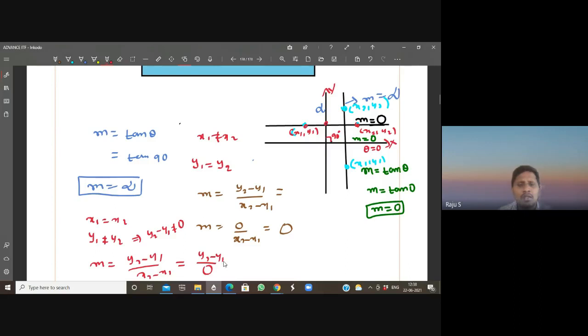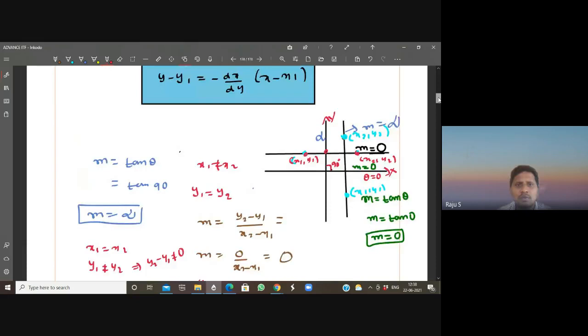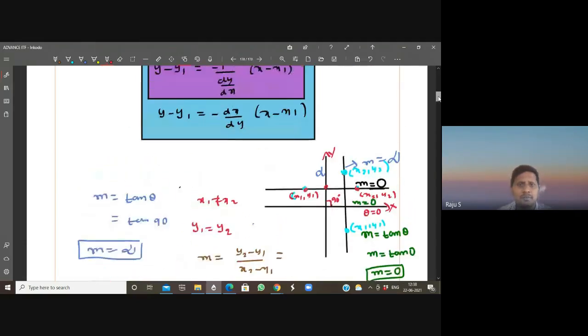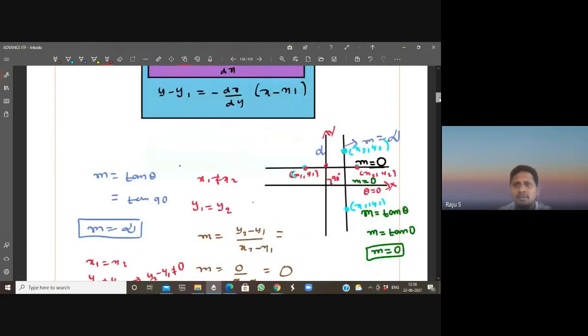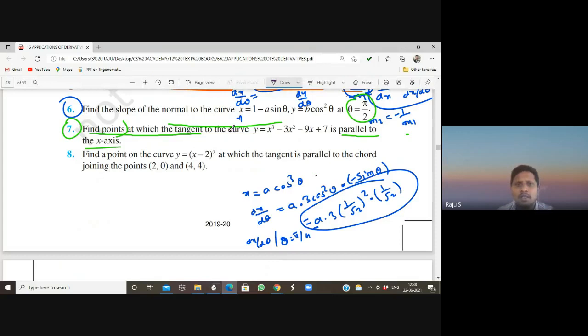Something by 0 is infinity or undefined. So for the tangent which is parallel to the y-axis, the slope does not exist.